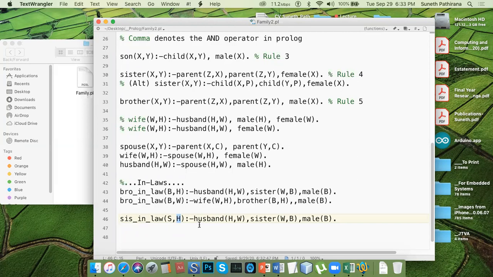Okay, sister-in-law, husband, sister, husband and wife are there. Is that correct? Husband's sister-in-law means she must be the wife's sister.